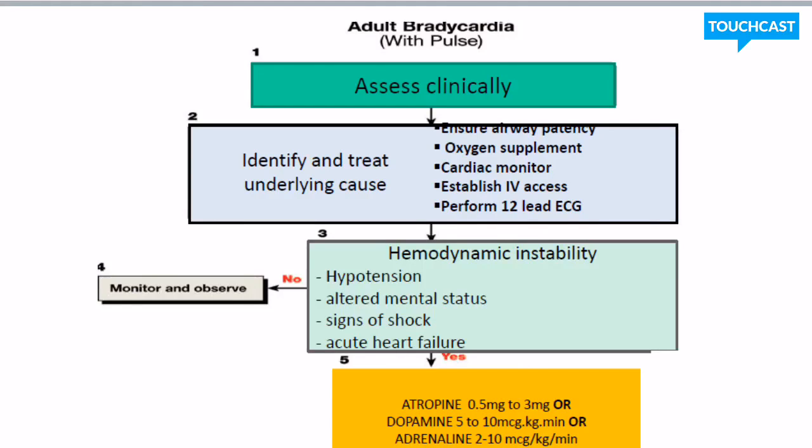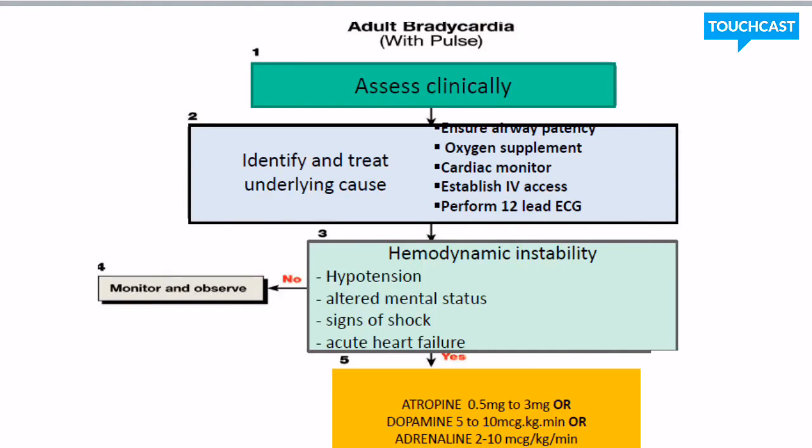However, if the heart rate is less than 50, they might be bradyarrhythmia. So you assess clinically, and you give oxygen first, attach the cardiac monitor, establish IV access, and perform the 12-lead ECG.